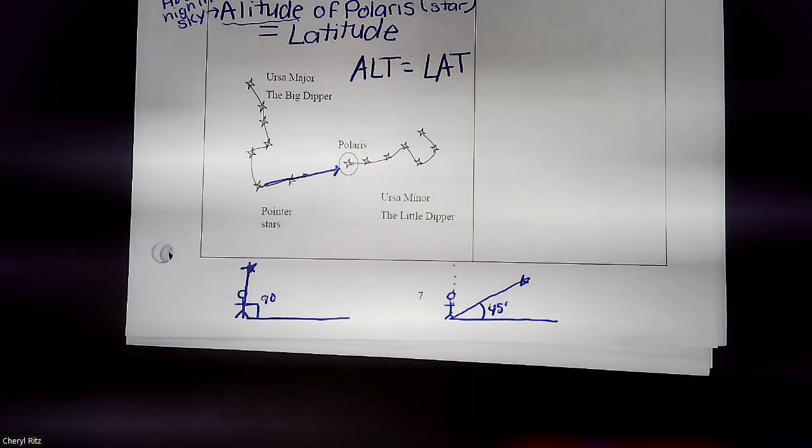To do this, I'm going to need you guys to stand up. Yep, all of you. So, why does this work with Polaris and no other stars? Does anybody have any idea why this works for Polaris and no other stars? This is because the sky is kind of like our ceiling right here.